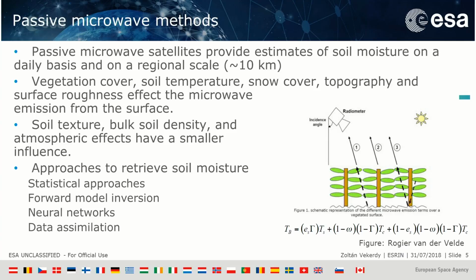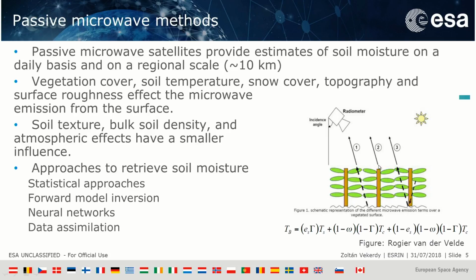But here, we have to see also what we are measuring. In fact, when we are measuring the passively emitted microwave radiation, here you can see a figure that shows that you are measuring some direct signal from the surface that goes through a covering vegetation, if we are not in the Sahara where there is no vegetation.